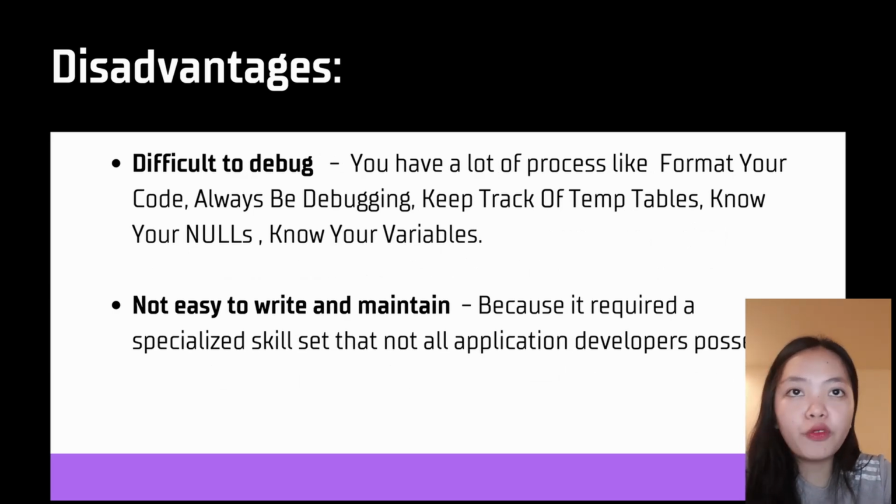You have a lot of process to follow: format your code, always be debugging, keep track of temp tables, know your nulls, know your variables. If you are writing dynamic SQL, always add a debug mode.